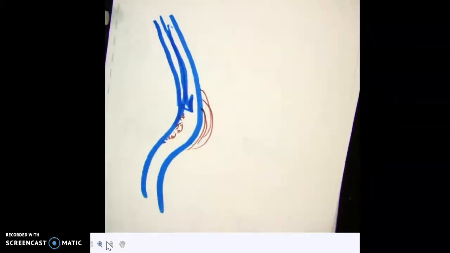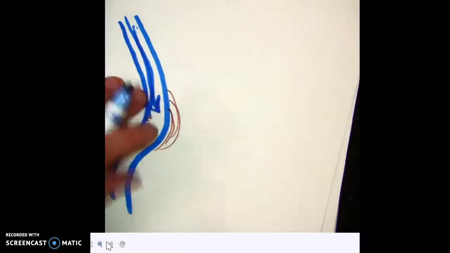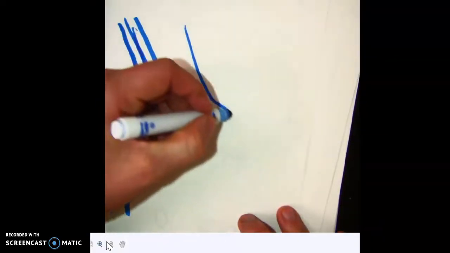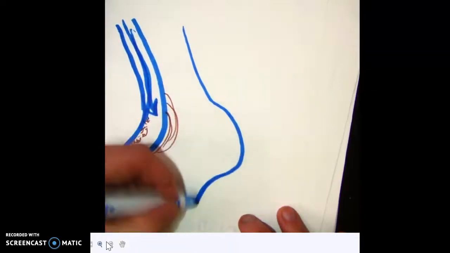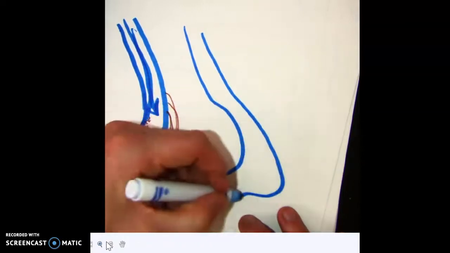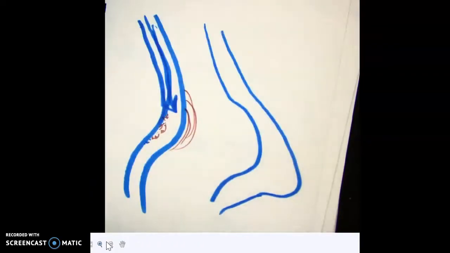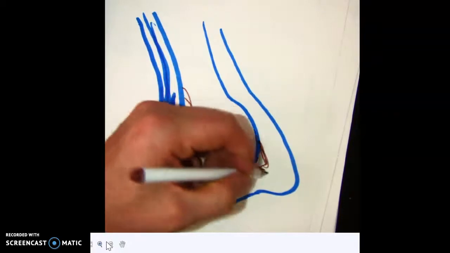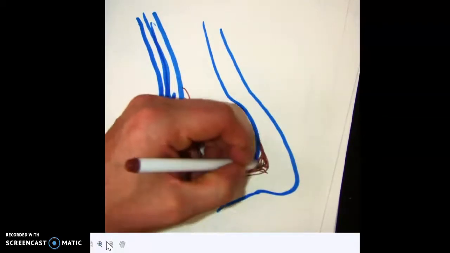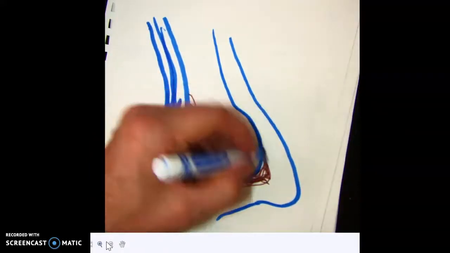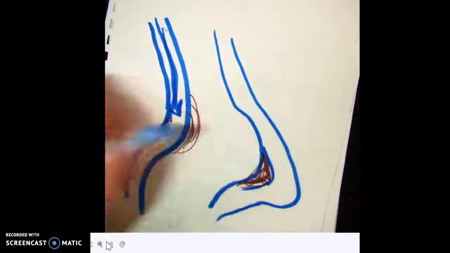Okay. And over time, that is going to fill in like this. Okay. And this will become actual land. The sandbars will build up so much, right? And the water will go around it.